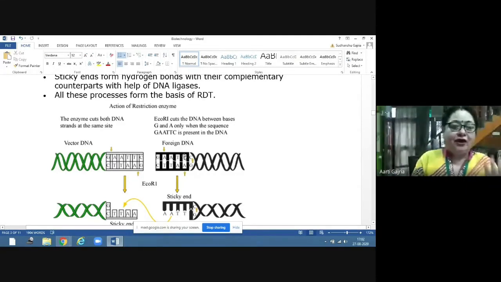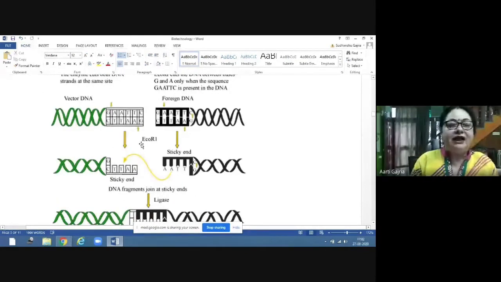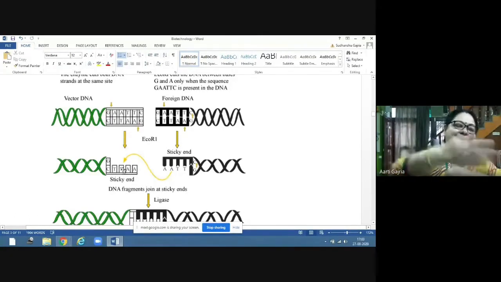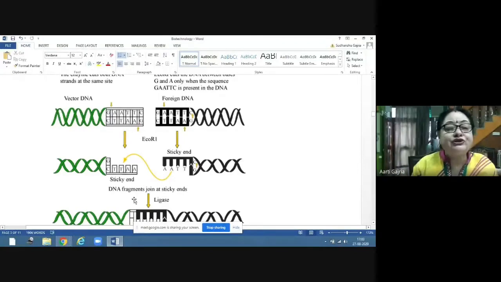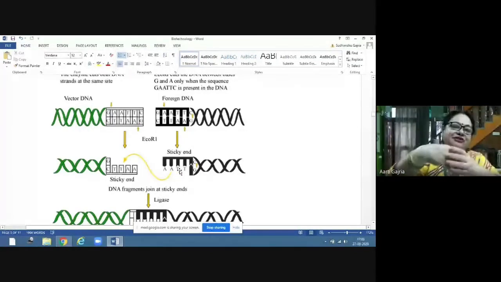Now, what will we get after cutting? Here only G is present, and from here the G is removed. Now this TTAA is alone, it doesn't have a complementary pair. Here also this AATT is alone, with no complementary pair.